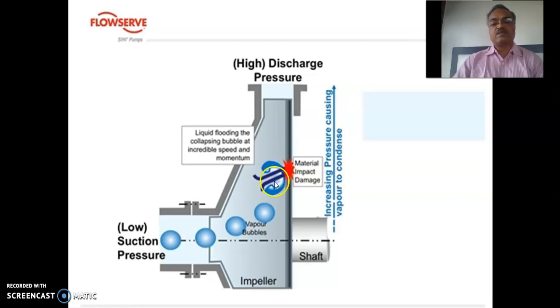That collapse causes a blow on the surrounding material, and the material is removed due to erosion. So if this phenomenon continues to occur, then we will find very small pits or cavities on the surface of the material. That is nothing but cavitation.